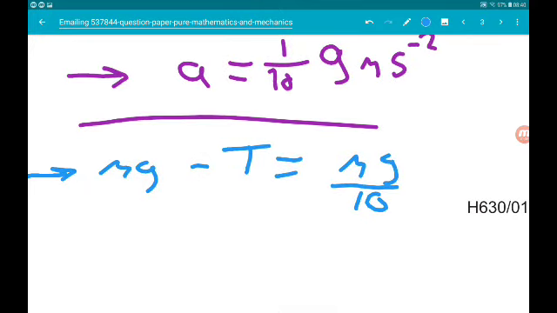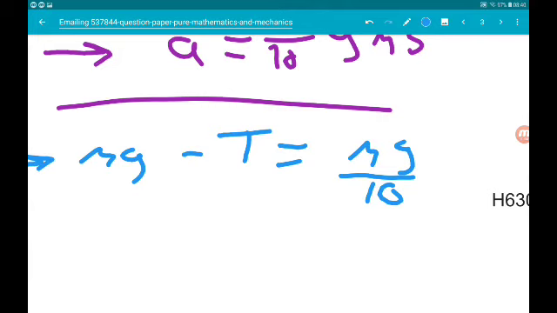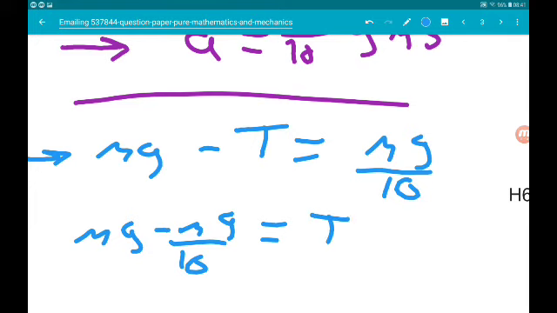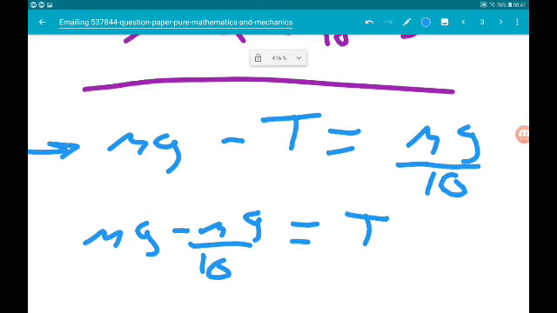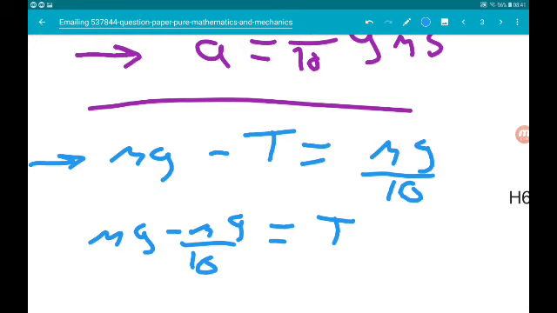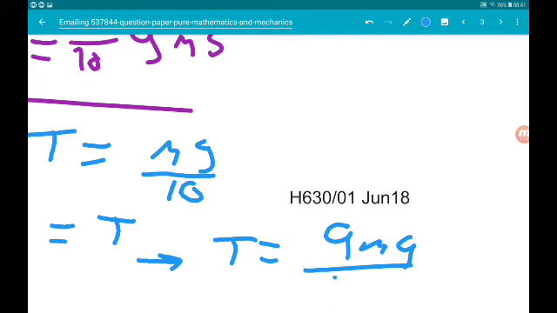If we add T and subtract mg over 10, we get mg minus mg over 10 is equal to T. Now mg minus mg over 10 is 9/10 mg. So tension is 9mg over 10 newtons. Cool.